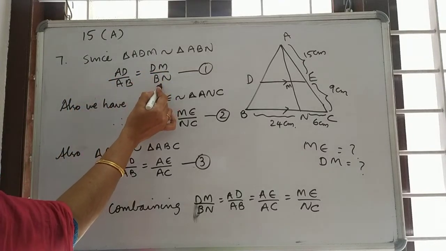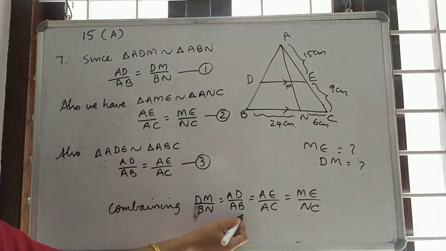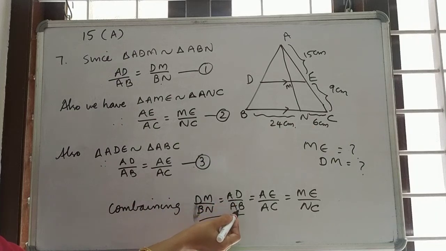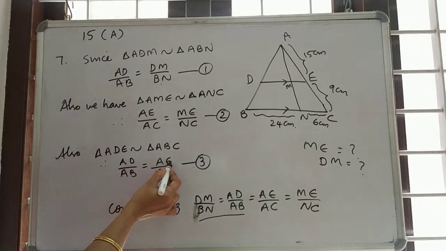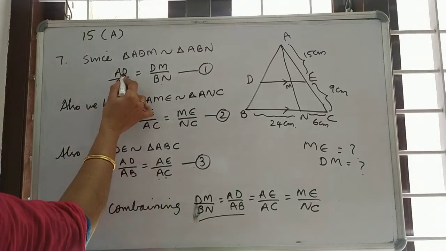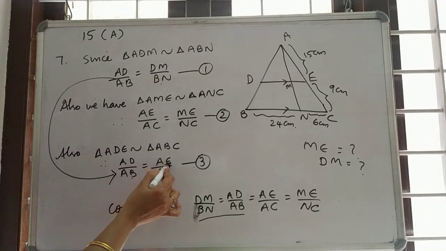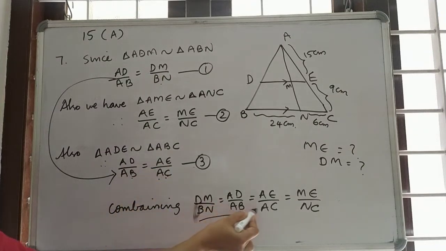Look at equation number 3: AD by AB is equal to AE by AC.